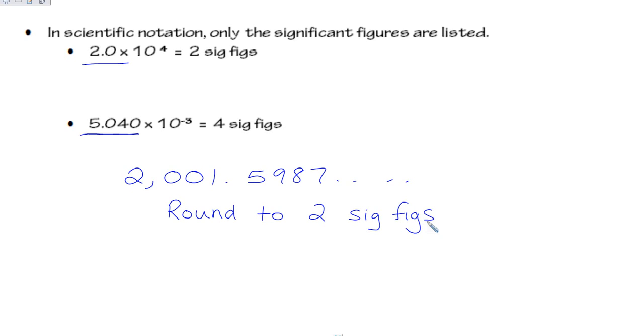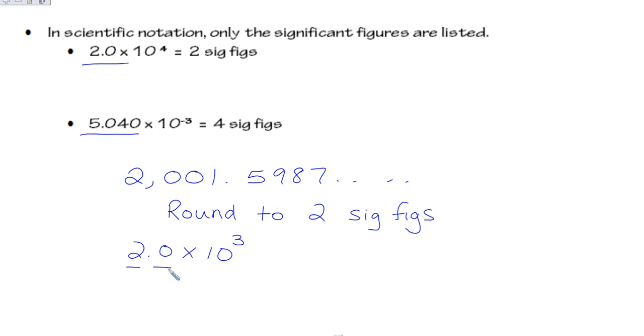Throw it in scientific notation. Put it in scientific notation and just leave the first 2 figures out in front. So I could leave this as 2.0 times 10 to the 1, 2, 3. Yeah, I could leave it like that. 2.0 times 10 to the 3rd. Here's 2 significant figures. That will definitely be something that we use, especially after maybe a multiplication.